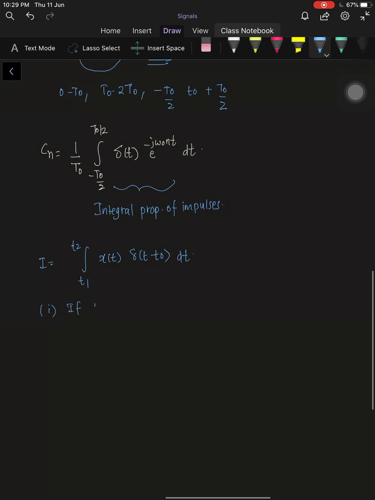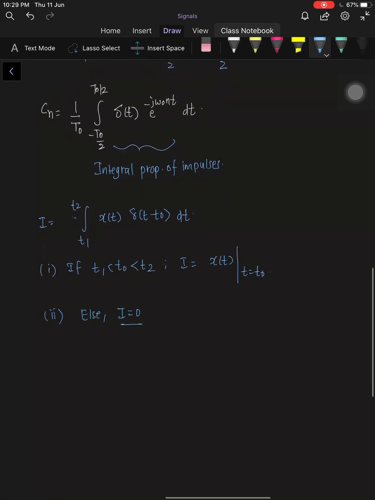If t1 is less than t naught less than t2, that is t naught is lying within this range, then the integral will simply be x of t at t equals t naught. Otherwise it is 0.